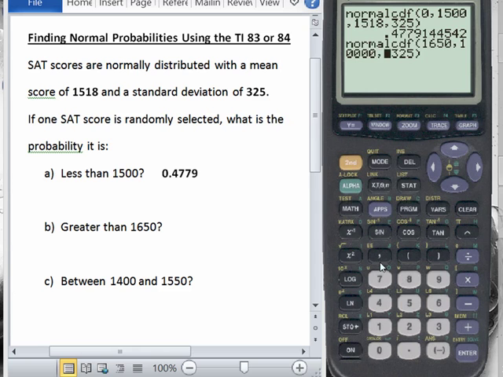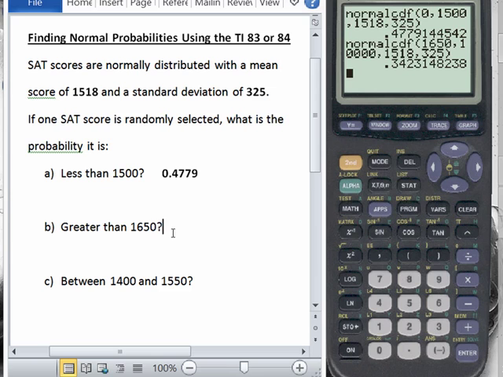And then comma, your mean, 1518, and comma, standard deviation of 325, and close the parentheses. So I'm looking from 1650 to 10,000, mean of 1518, standard deviation of 325. Click enter, and we get 0.3423.